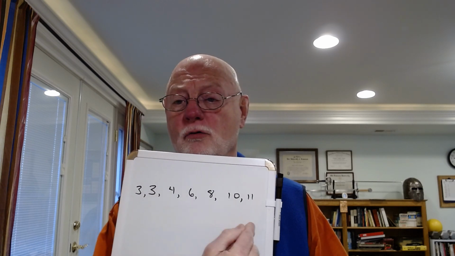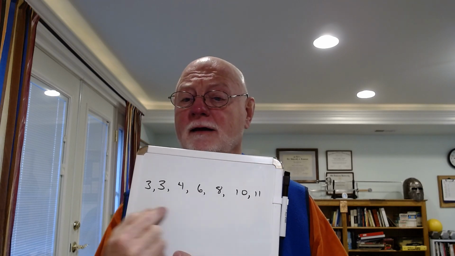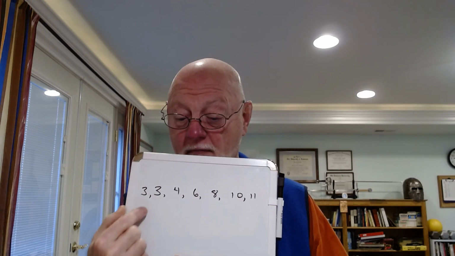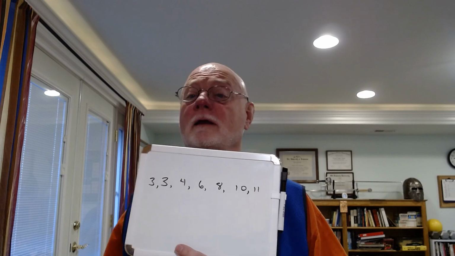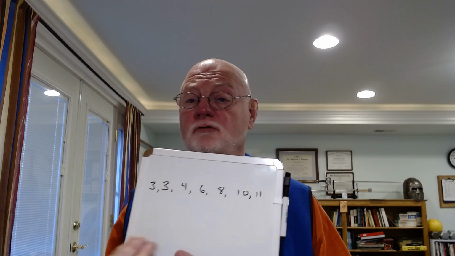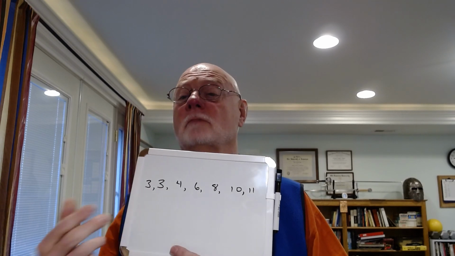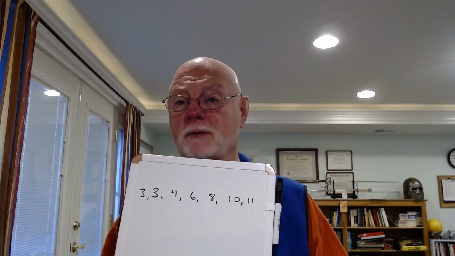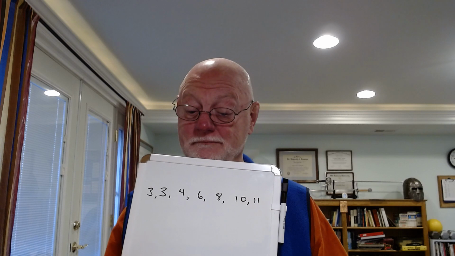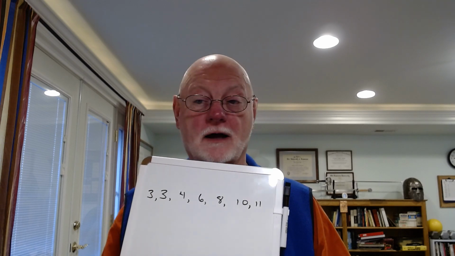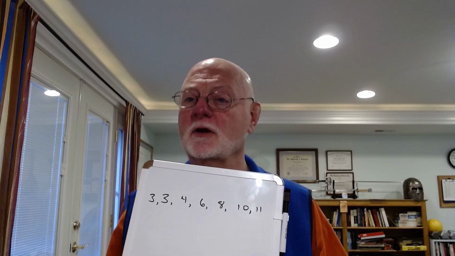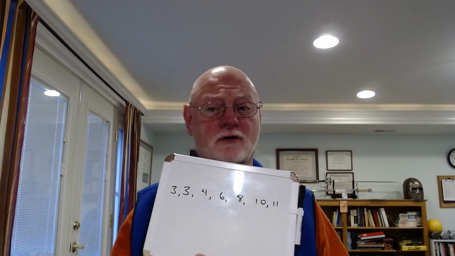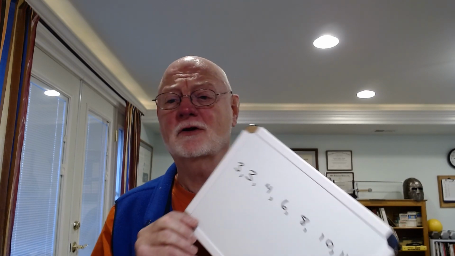Therefore, the mode for this data set is 3. Can you have more than one mode? Yes. If I had 2 numbers that appeared the same number of times, then my mode would be both of those numbers. Not a real tough concept. The problem a lot of times is because they all sound alike, we tend to confuse them.